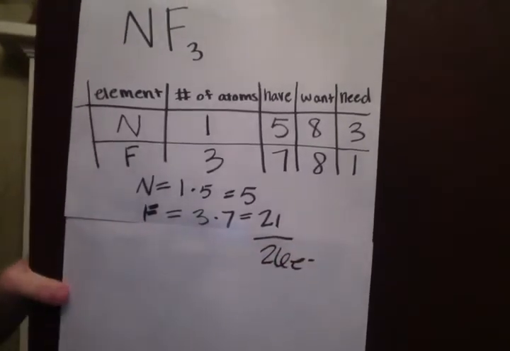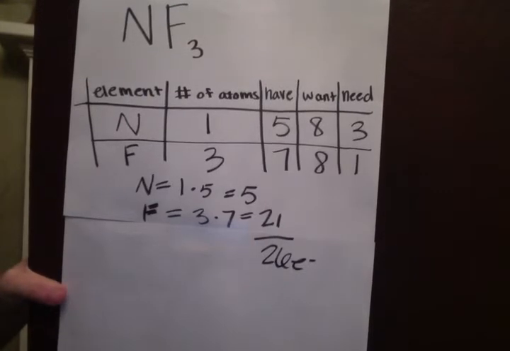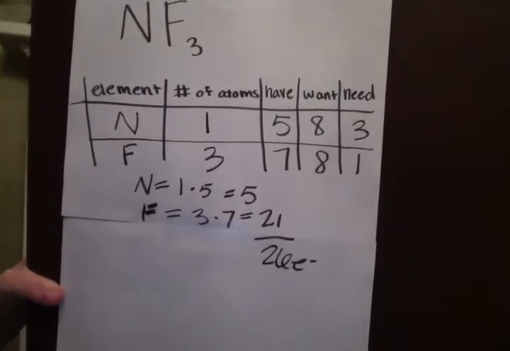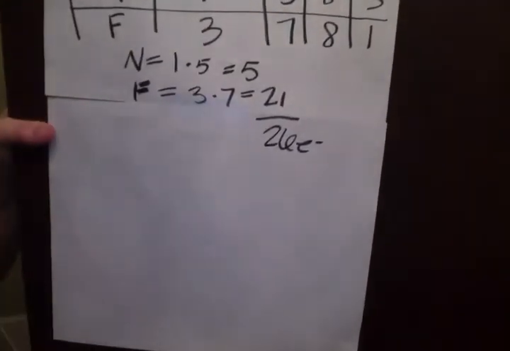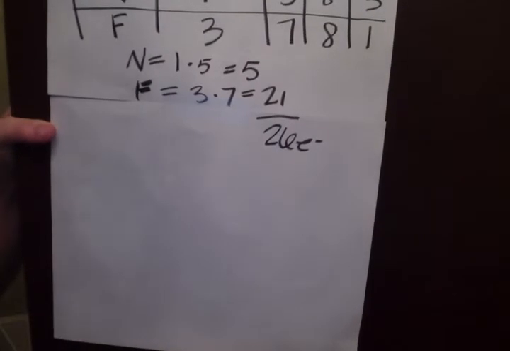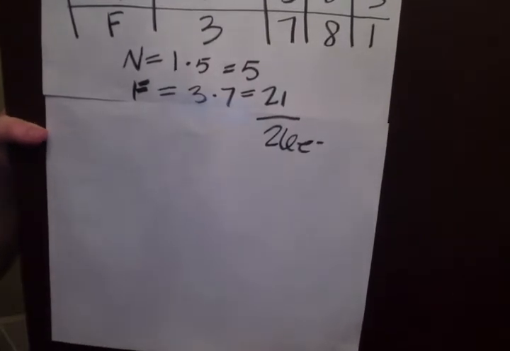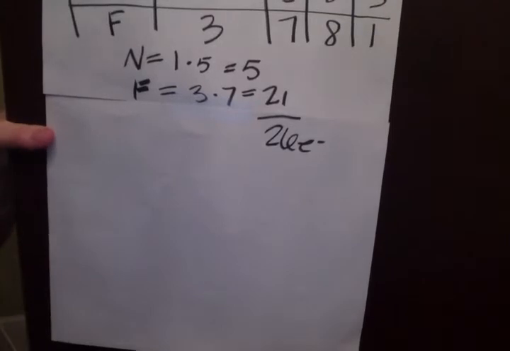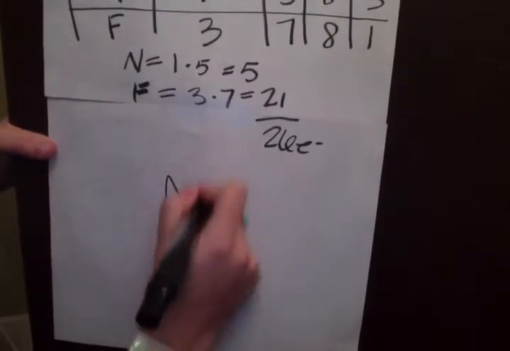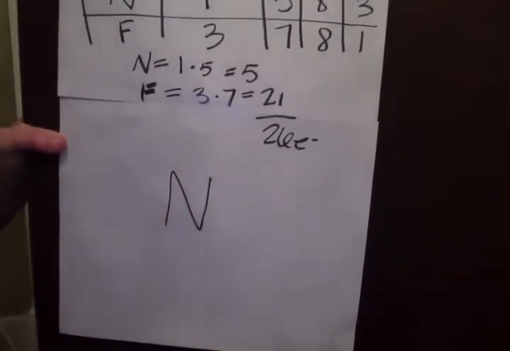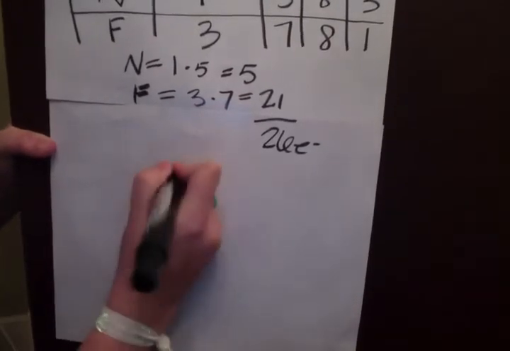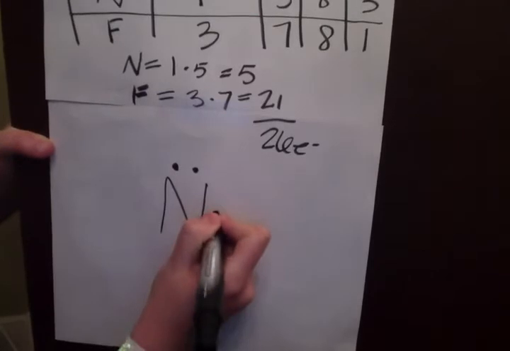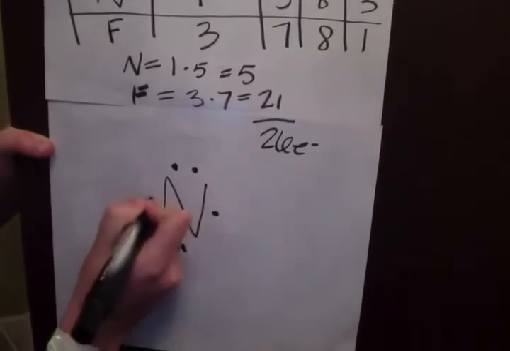So now we can start with the Lewis dot structure. We'll start by putting nitrogen in the middle, since nitrogen is the least electronegative, and nitrogen has 5 electrons, so we will fill in nitrogen with 1, 2, 3, 4, and 5.